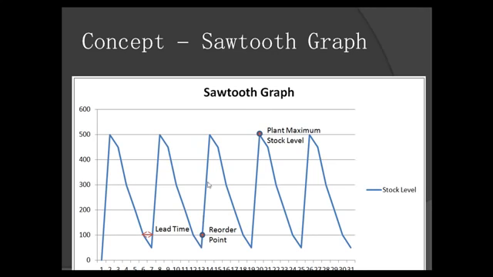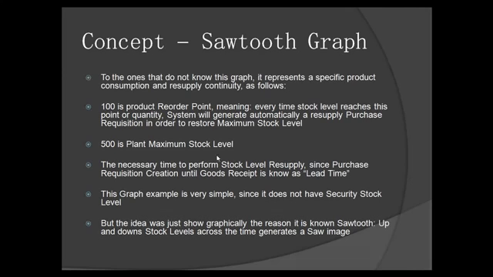Okay, so you have up and down along the month. If you see, this graph is like a sawtooth. That's why it received this name. Okay? So just telling you the concept, I hope you could understand.